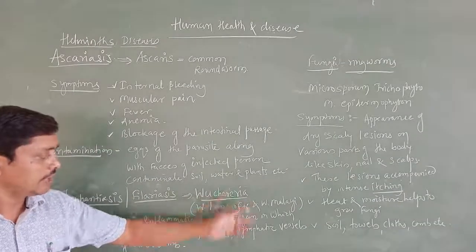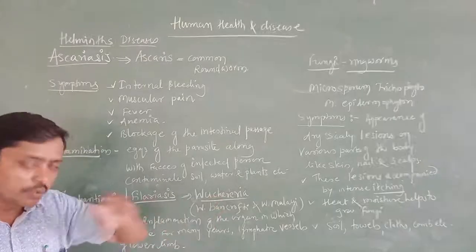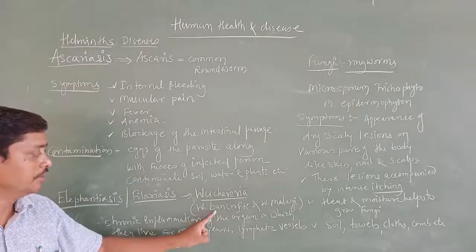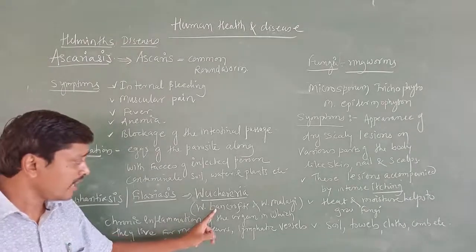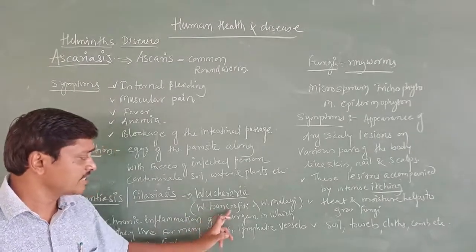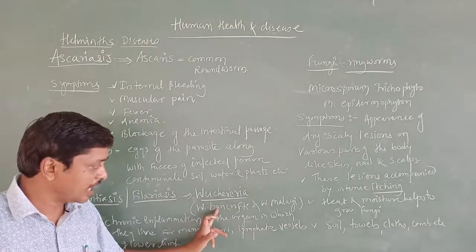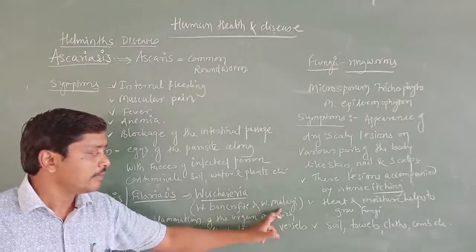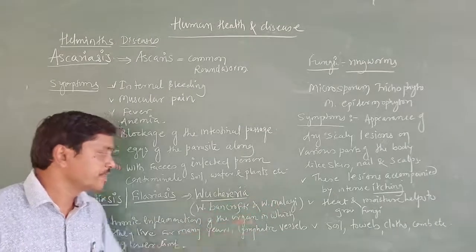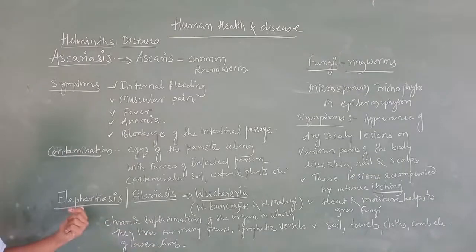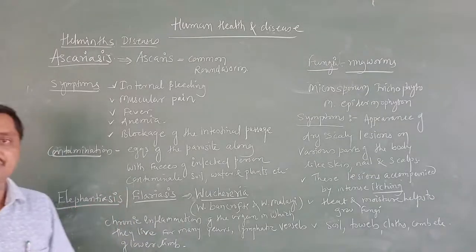Now, in this Wuchereria we find two different species. What are those? Wuchereria bancrofti, B-A-N-C-R-O-F-T-I, and Wuchereria malayi. These two species cause elephantiasis or filariasis disease.